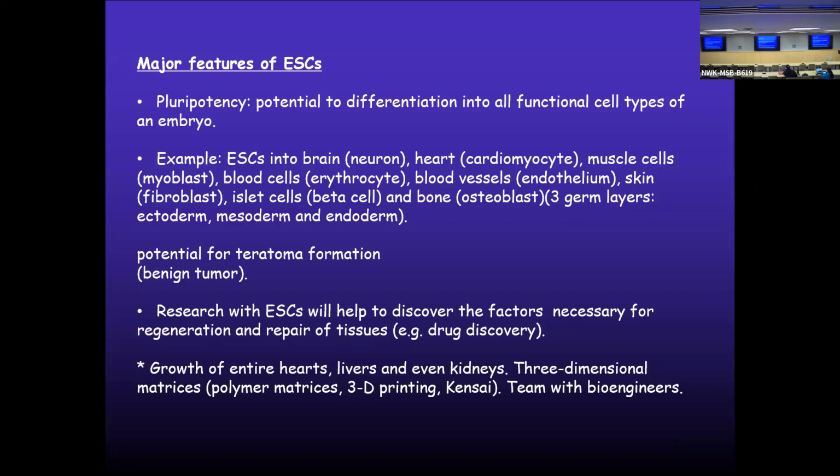Different types of cells. However, and that's something that I haven't mentioned yet, they have potential for teratoma formation. A teratoma is a benign tumor. It's not a tumor that is malignant, okay?